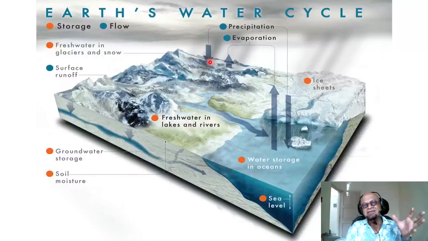So rain is just water. When we say precipitation, it can be hail, it can be snow, it can be rain. Okay, so it's a broader term when we say precipitation.